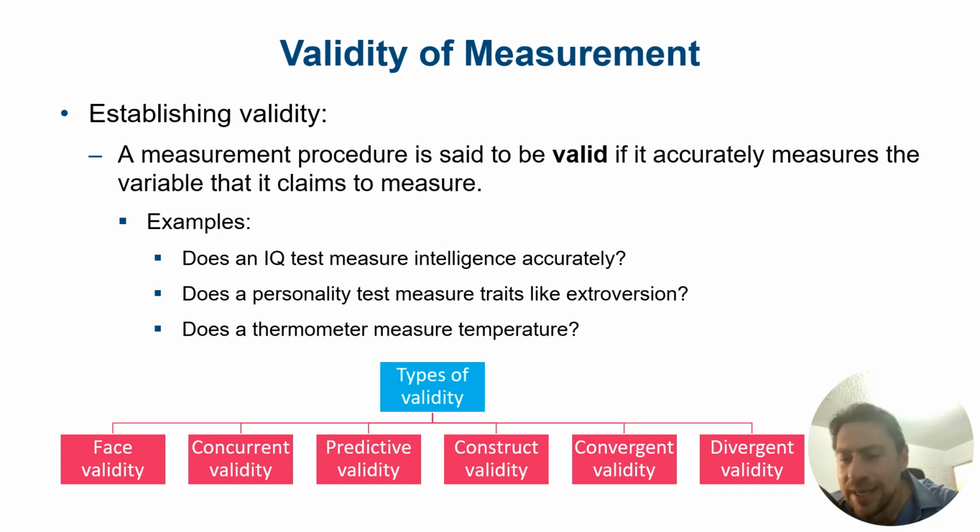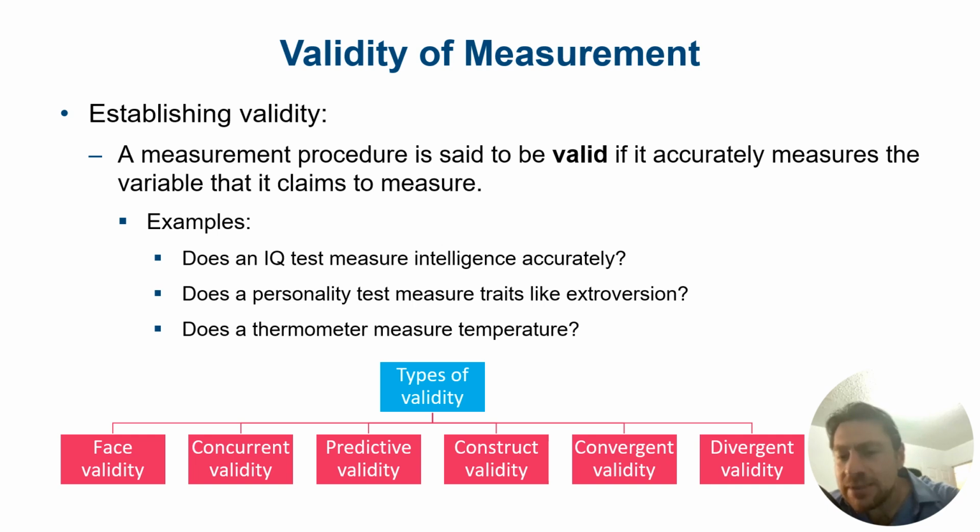If so, it is a valid measure. Does a personality test actually measure traits like extroversion, openness to experience, conscientiousness, etc.? If so, it is a valid measure. Does a thermometer actually measure temperature? If so, it is a valid measure.